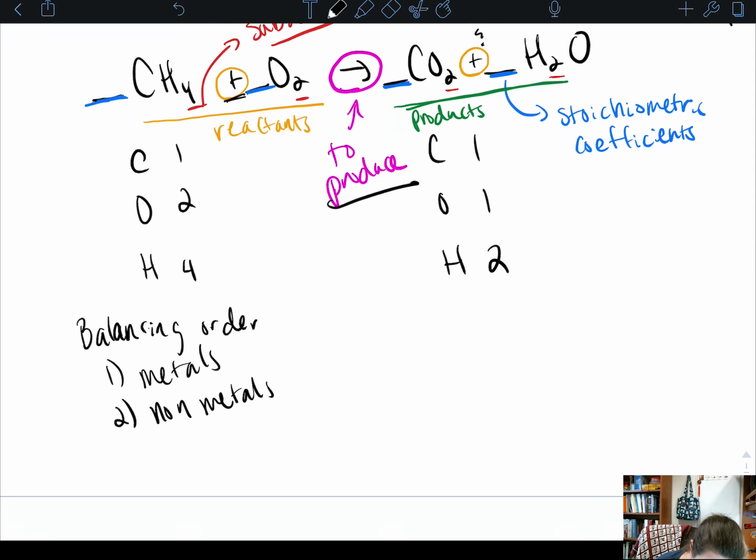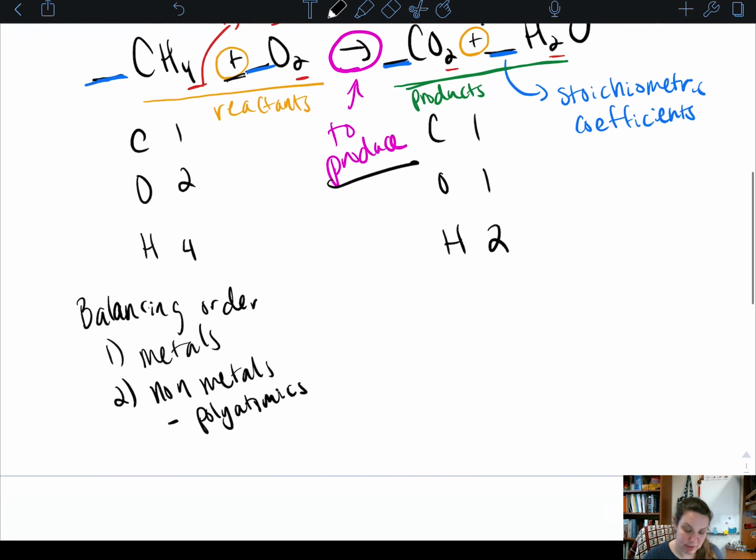Within our nonmetals, we're going to do polyatomics first. If you see the same polyatomic on both sides of a reaction, just balance the polyatomic as a whole.